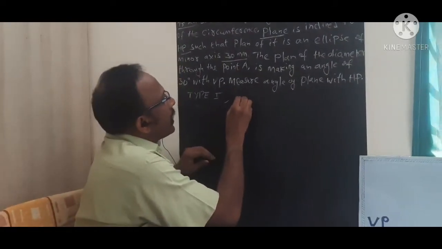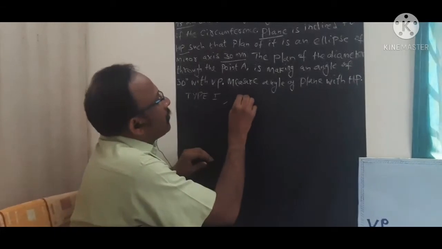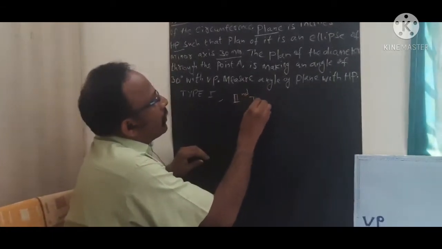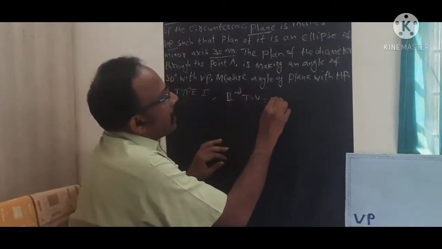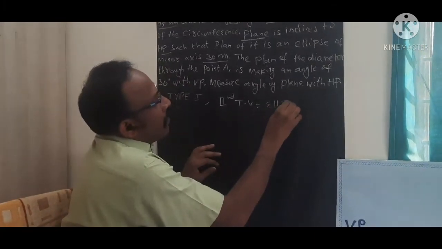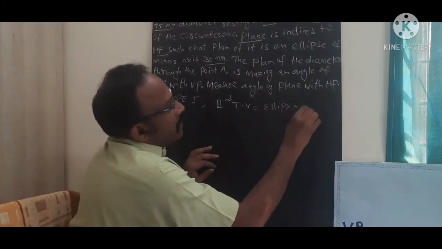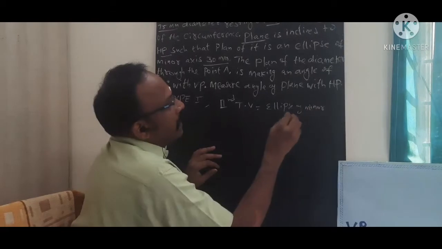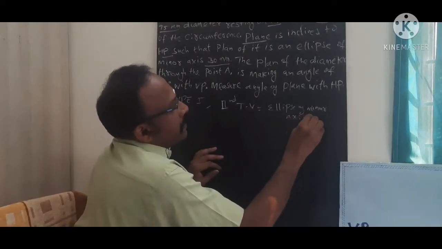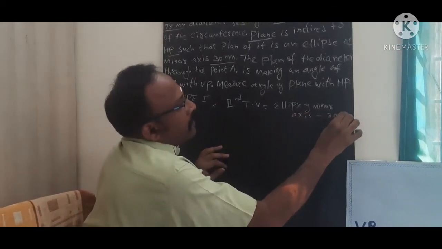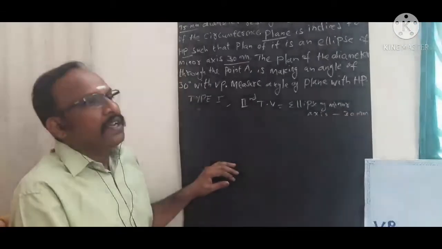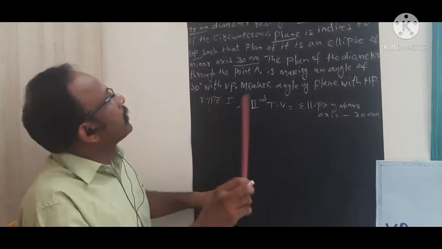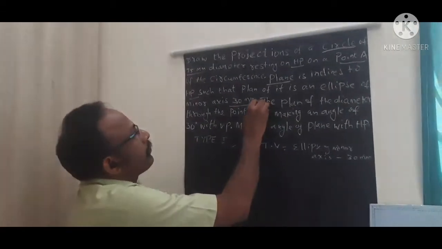The plan, the top view, is given as the ellipse of minor axis 30 mm. Minor axis is 30 mm. From this criteria, we need to further proceed with our problem.